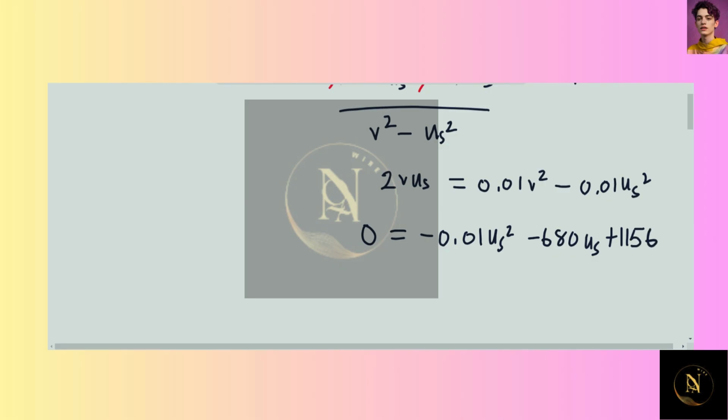Now, we can use the quadratic formula to solve this quadratic equation for US. I just went ahead and used my calculator. I got one really big answer and one reasonable answer. So the reasonable answer for US was 1.7 meters per second. Okay, so the maximum speed of this simple harmonic oscillator is 1.7 meters per second.